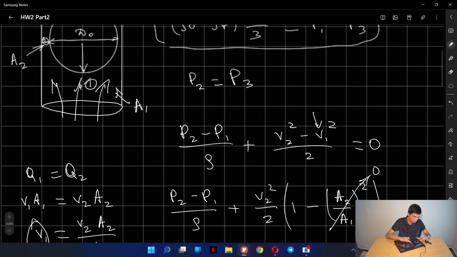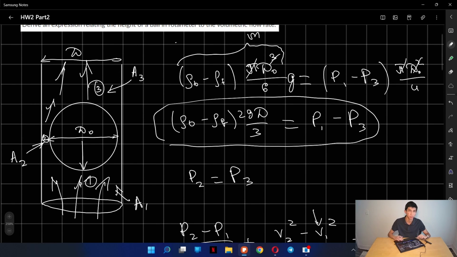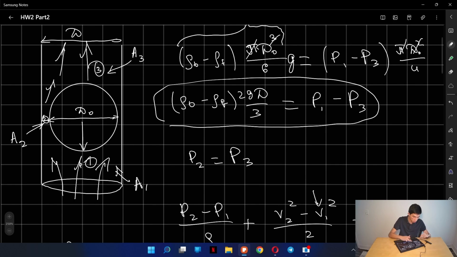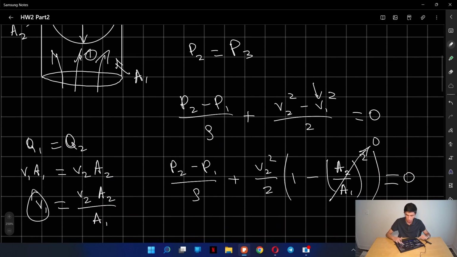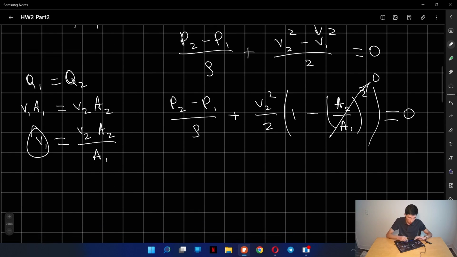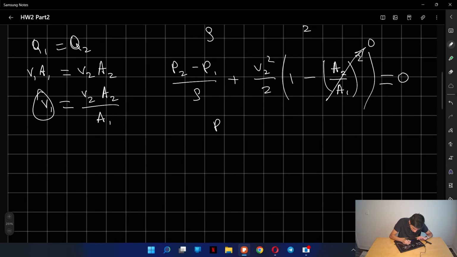Because the cross-sectional area here is so small and the cross-sectional area of the tube is comparatively big, if I divide a very small number by a very big number, it's going to be very near 0. So I'm going to assume that to be equal to 0. And the equation I have now is plus v2 squared over 2 is equal to 0, right?